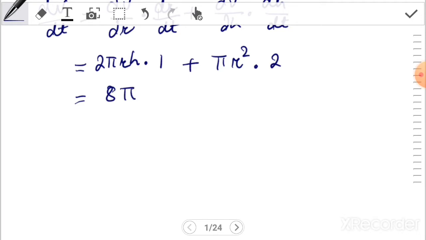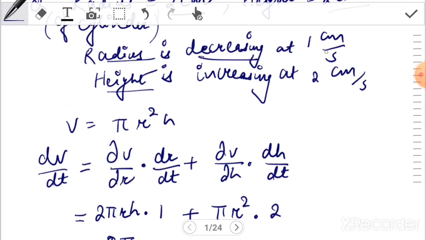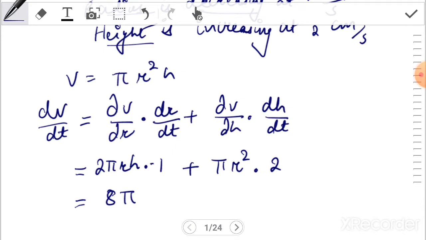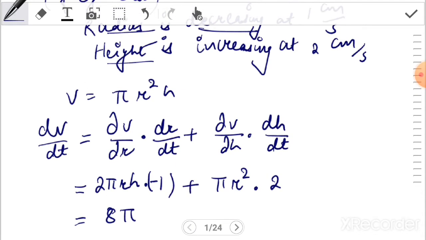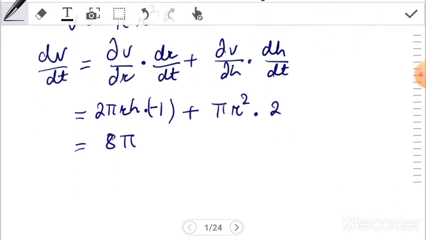See, dr/dt is negative because it is decreasing, so minus 1, and height is increasing, so plus 2. So minus 8 pi plus 8 pi, and this is 0.